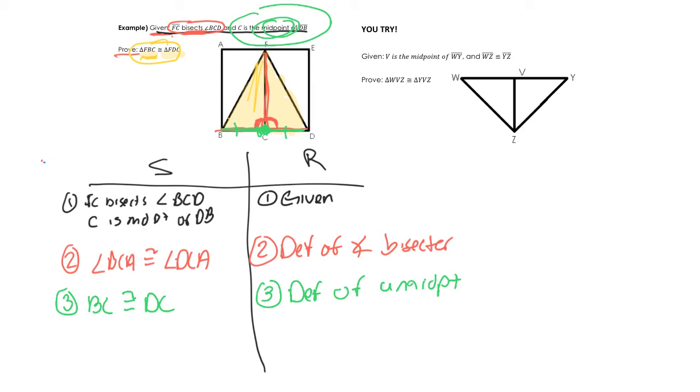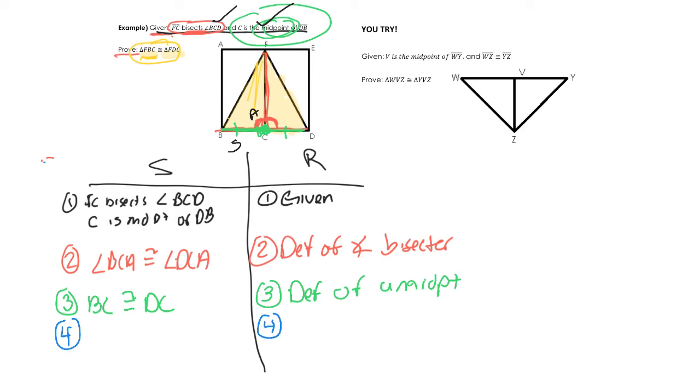So if I look at my diagram, I've used both my givens. I only have one pair of sides and one pair of angles so far. I need 3 things to be done. So step number 4. I'm out of givens, so I got to find something hidden in the diagram.